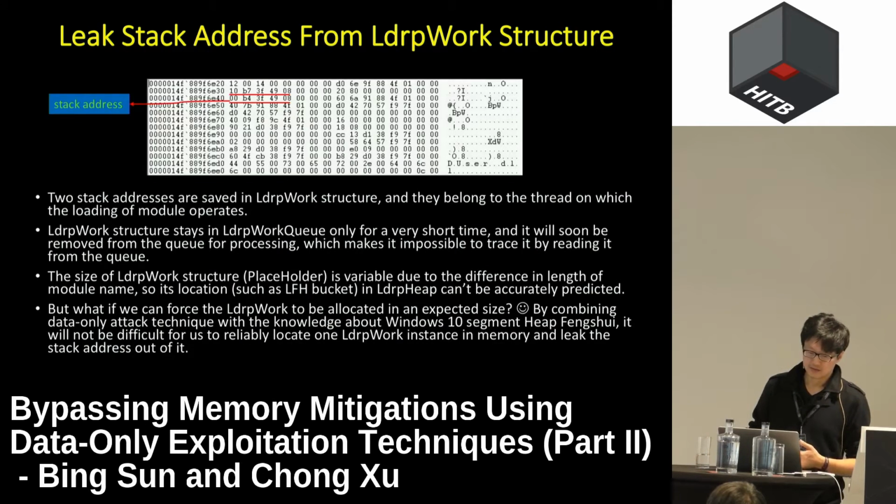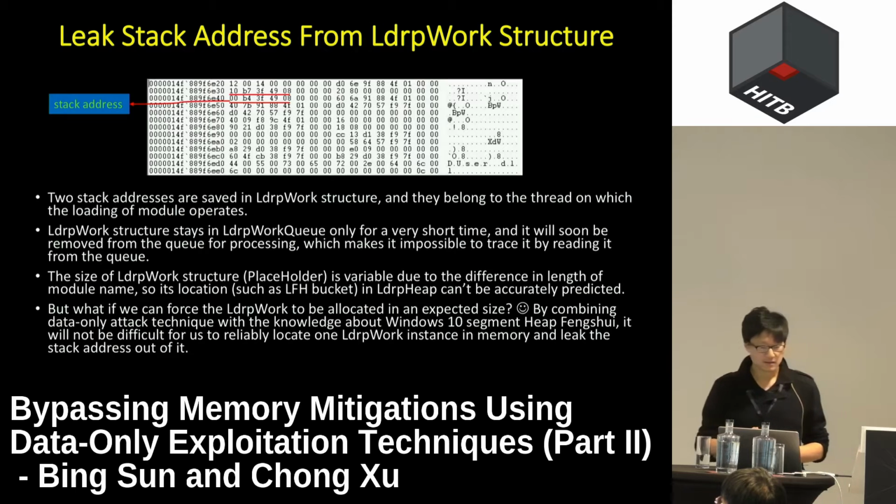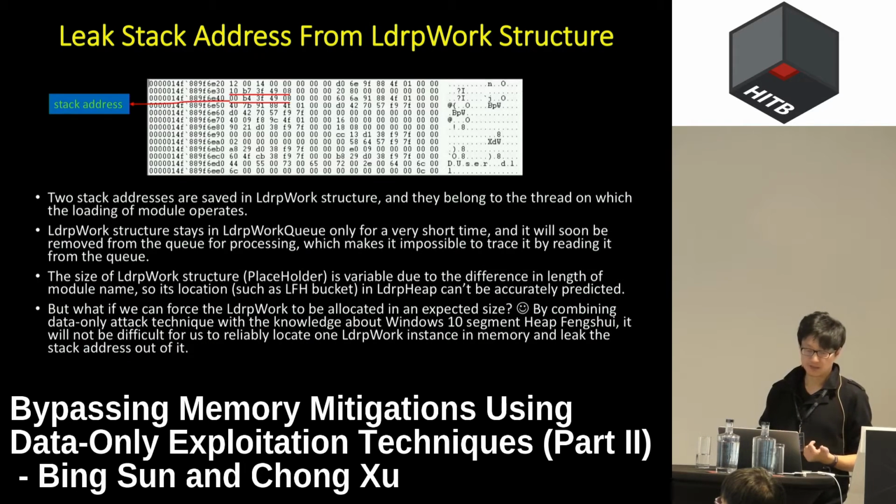Second, the size of the LdrpWork structure is variable due to the difference in the length of the module name. So we're not able to accurately predict its location in the heap.